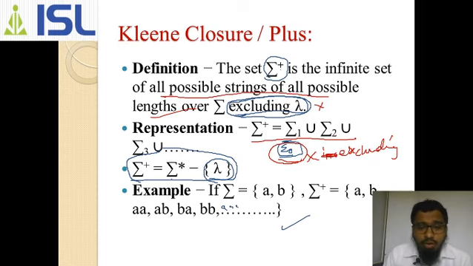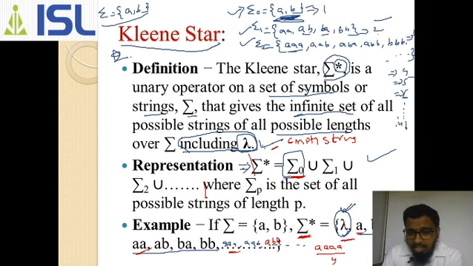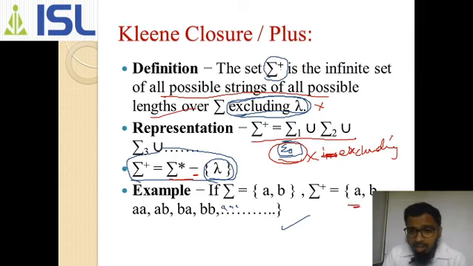Sigma plus is equal to sigma star minus lambda. When you remove the lambda, with sigma equal to a comma b, sigma plus is equal to a, b, aa, ab and so on. Here in sigma star the lambda is added, but here there is no lambda, so Kleene closure or Kleene plus does not include the lambda.